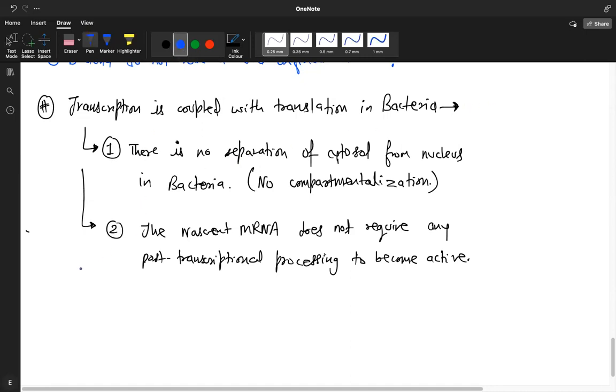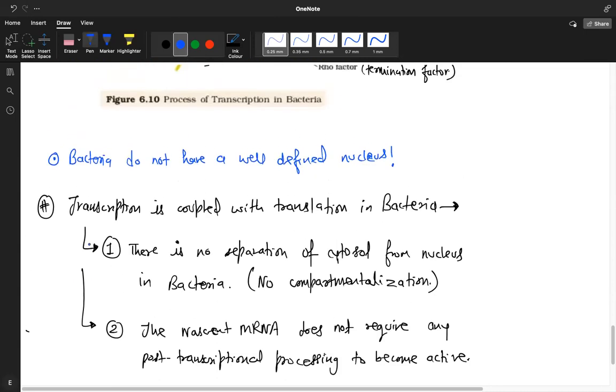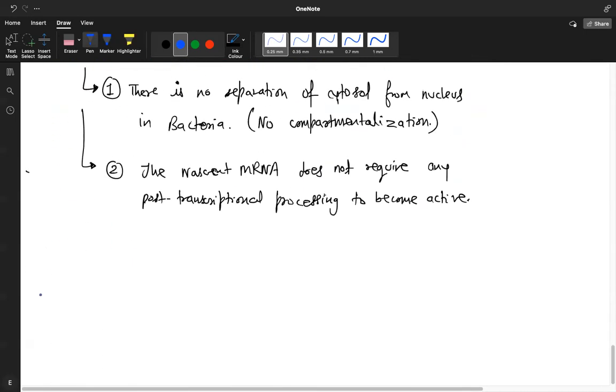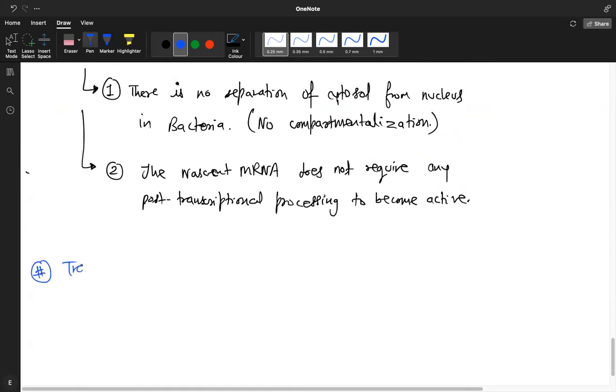Yes. Okay. So from transcription in prokaryotes, now let's come to transcription in eukaryotes. Now in eukaryotes, there are complexities.